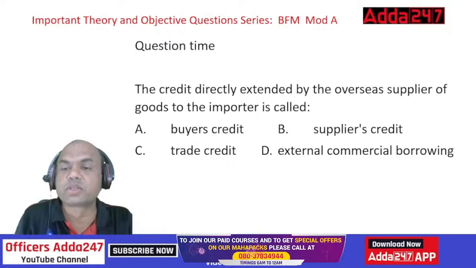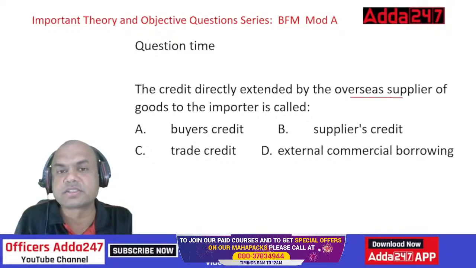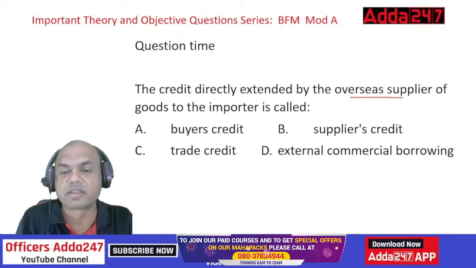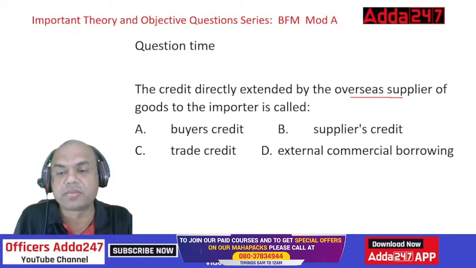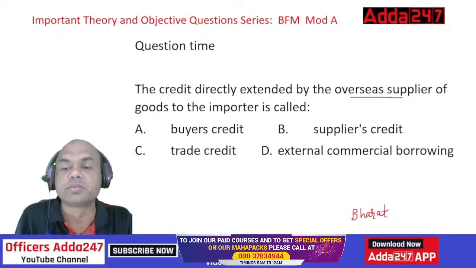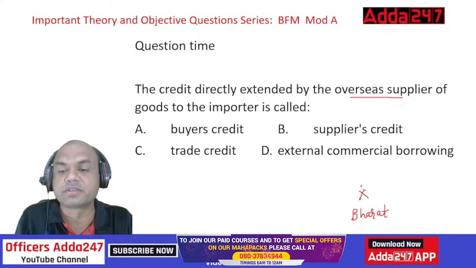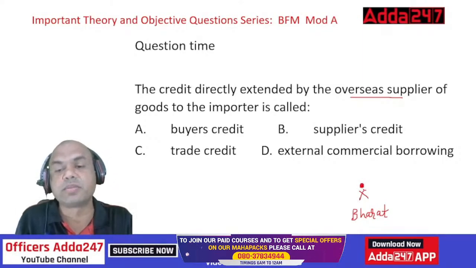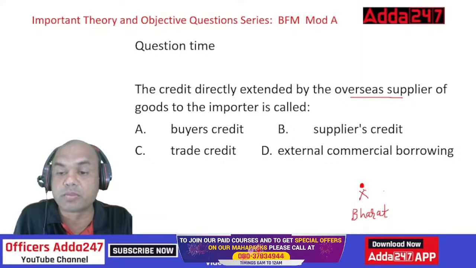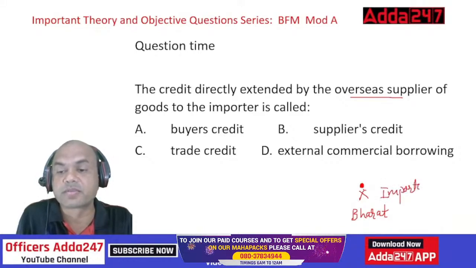What do you mean by this overseas supplier extending? See here, this is in case of imports. I'll explain. Let's say I'm in Bharat. Suppose this is Mr. X. Mr. X is a buyer, the importer for this supplier's credit.